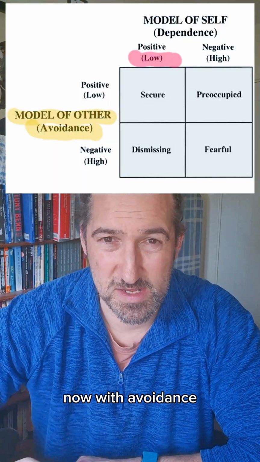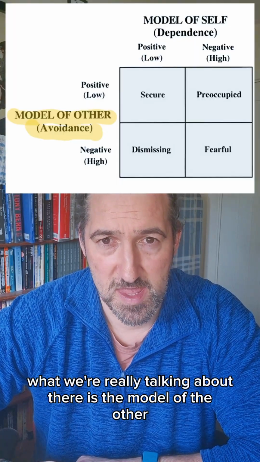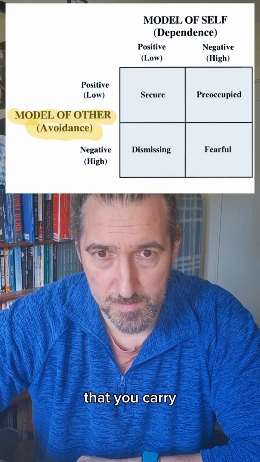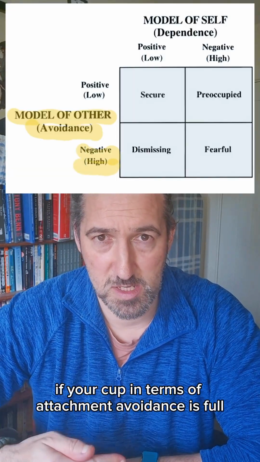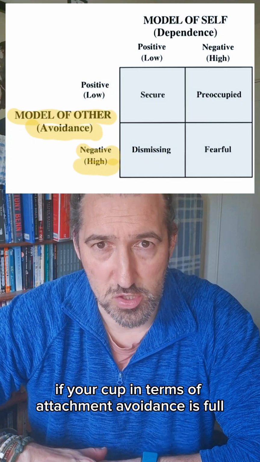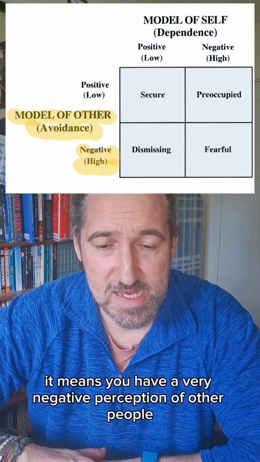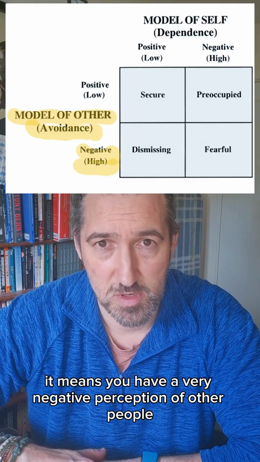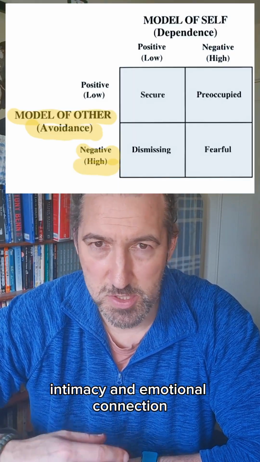Now, with avoidance, what we're really talking about is the model of the other that you carry. If your cup in terms of attachment avoidance is full, it means you have a very negative perception of other people, especially in relation to closeness, intimacy, emotional connection.